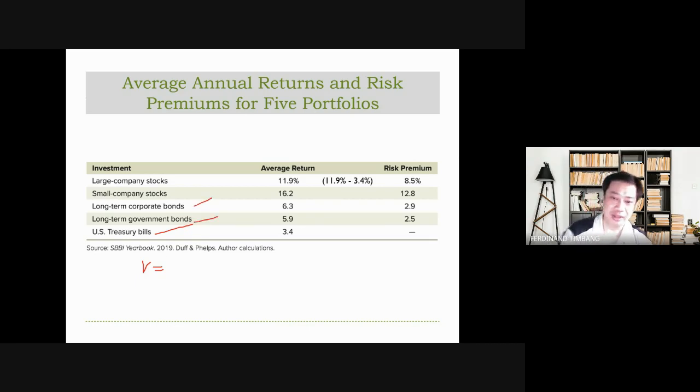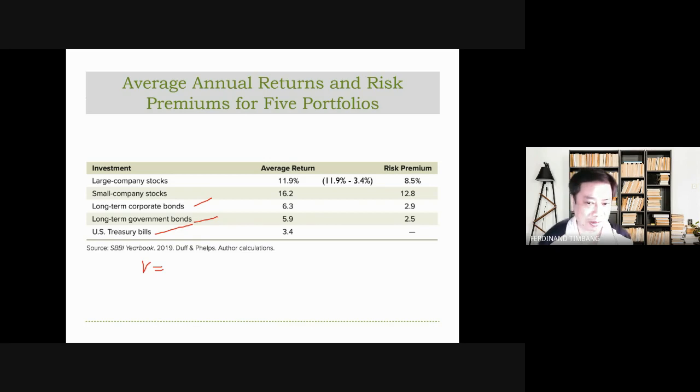Now, between the large company stocks and the small company stocks, you can see that the average return for the small company stocks is higher than the large company stocks. Primarily the reason for that is because the small company stocks are more risky than the large company stocks.